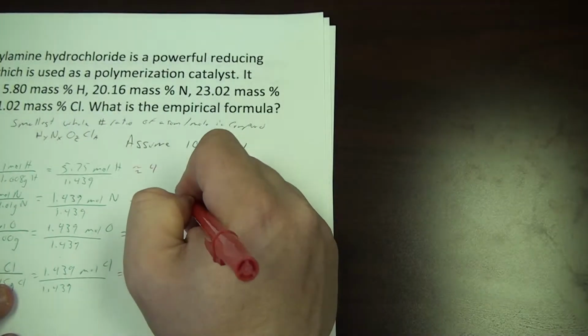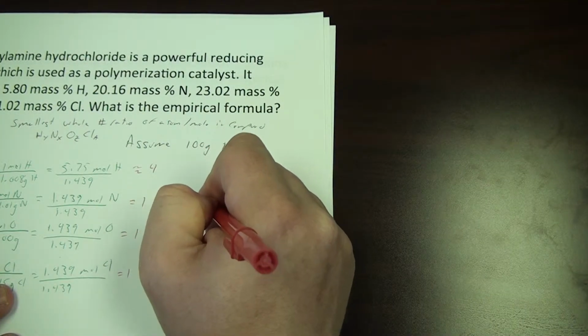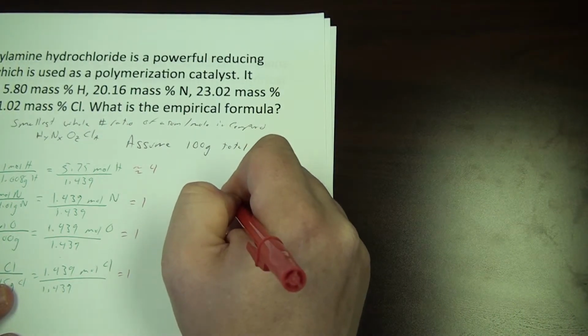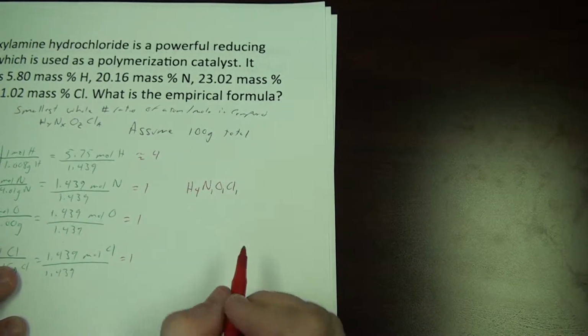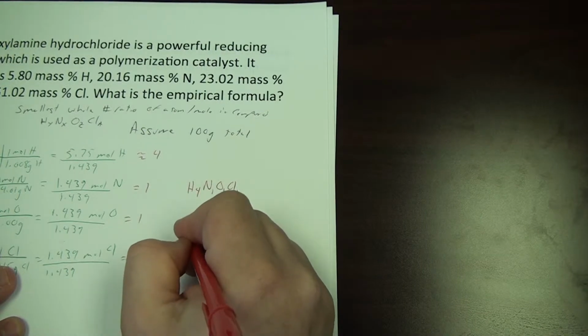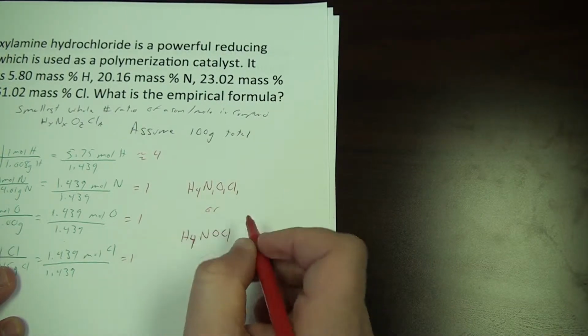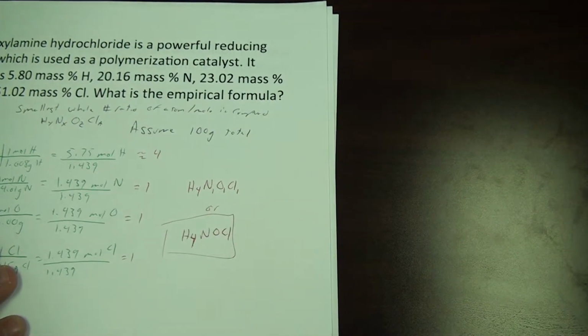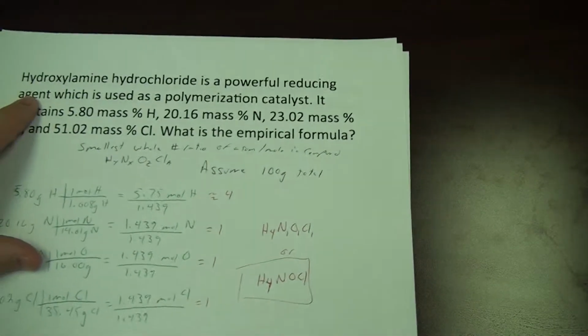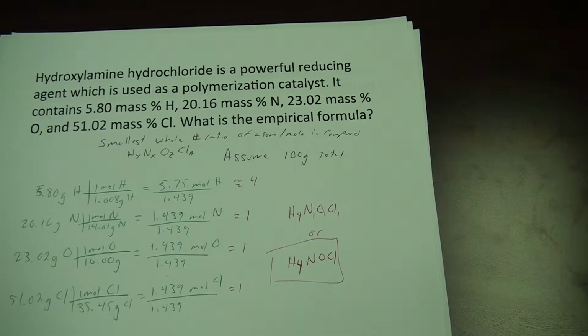So we're going to have H4N1O1Cl1, or H4NOCl. This is going to be our empirical formula for this hydroxylamine hydrochloride.